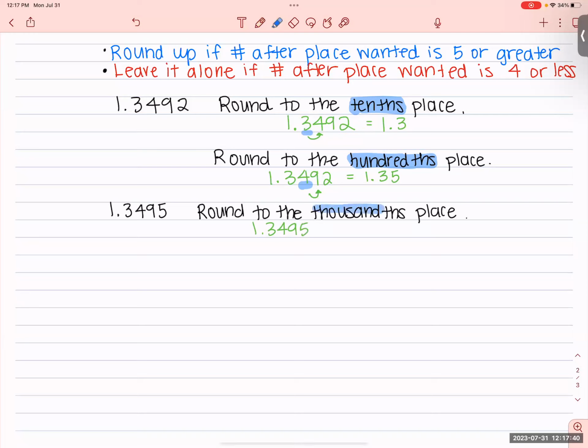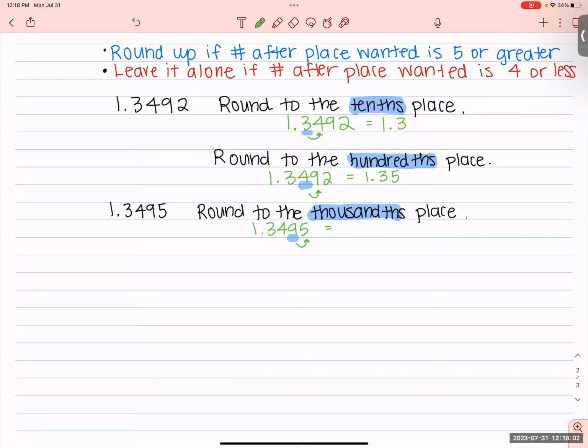So the thousandths place is the 9. The number that comes after it is a 5. So we need to round the 9 up, but we can't turn it into a 10 because it has to stay in that same place value.